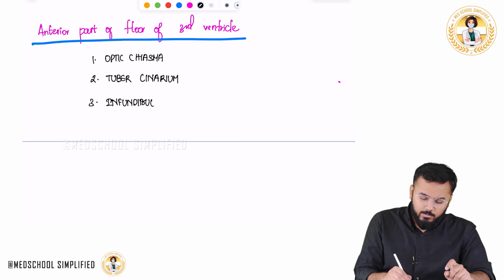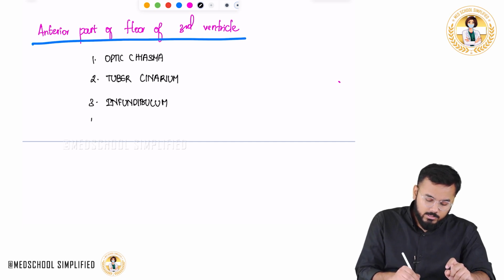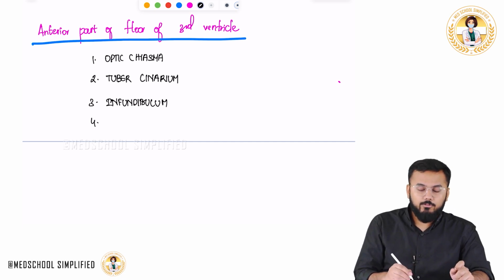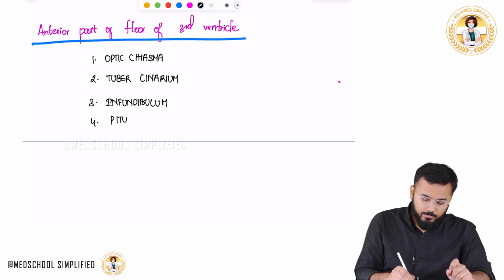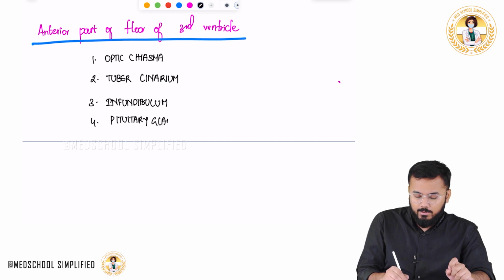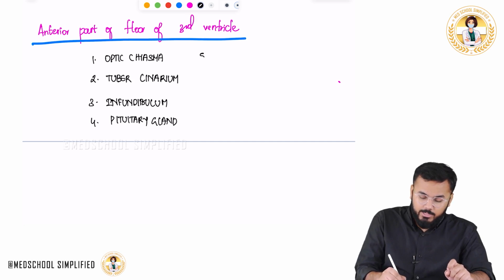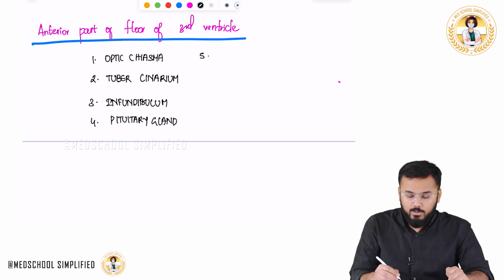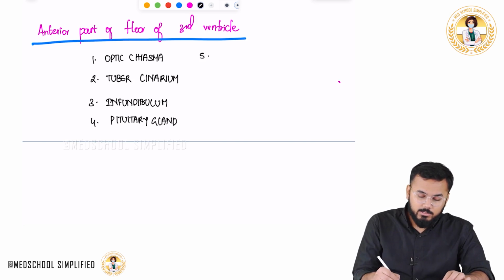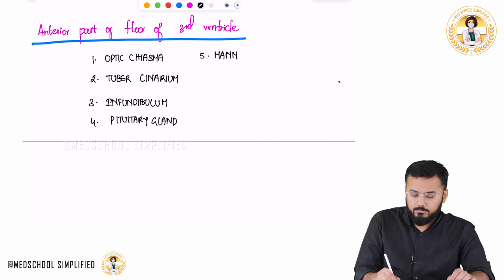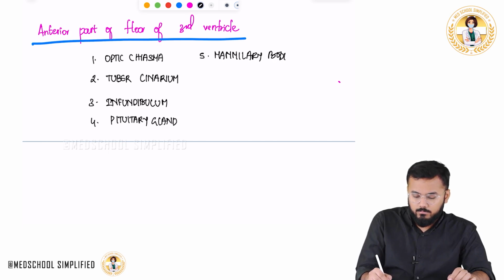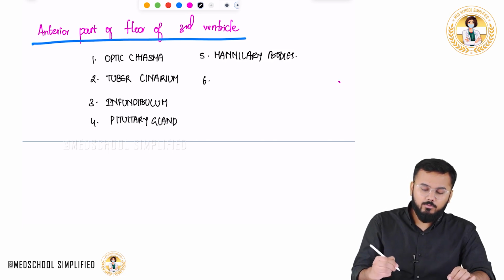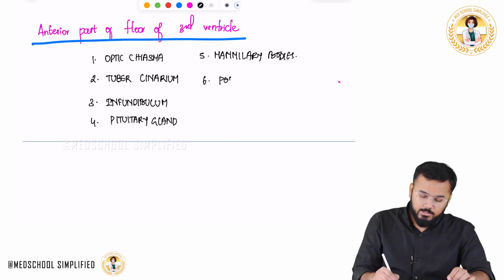After the infundibulum, you have the pituitary gland. And the fifth important thing, behind the pituitary gland, is the mammillary bodies. And the sixth important thing you have is the posterior perforated substance.